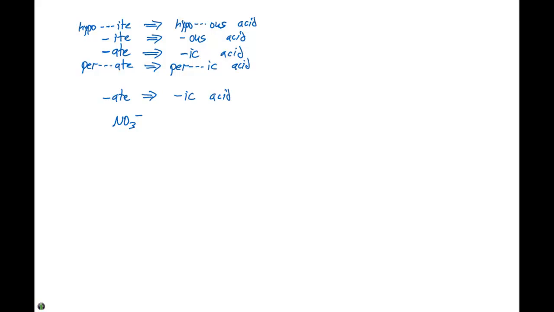So we need one hydrogen to combine with the NO3 minus. So that's going to be HNO3. We're going to name this nitric acid. If we have SO4 2 minus, we're going to need 2 hydrogens to balance out the charge. So in this case, it's going to be H2SO4, which will be sulfuric acid. Again, anytime we have an ate, we use the ic acid.